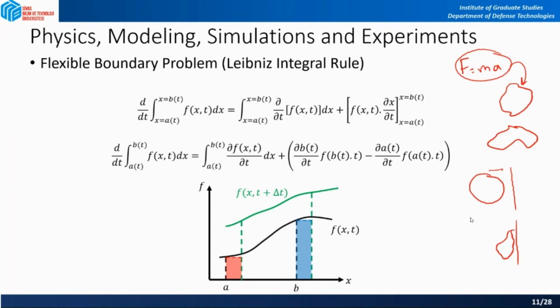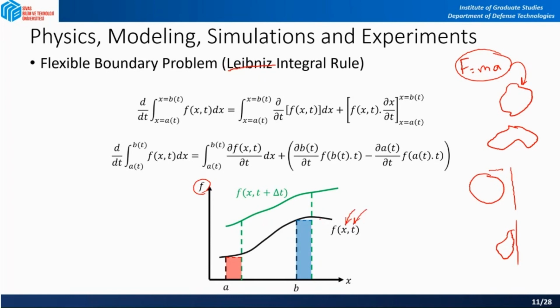Fortunately, you don't have to find that answer because Leibniz, he was a mathematician, found that answer for you. So, for example, let's say there is a distribution of some function f, and you see this distribution of function f is changing in space and in time.